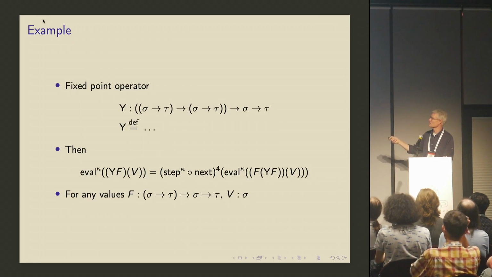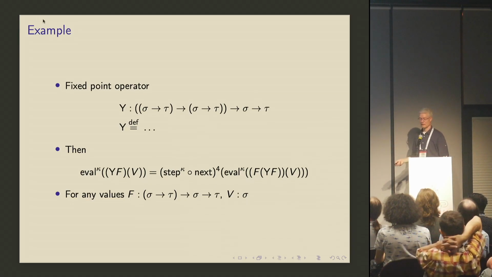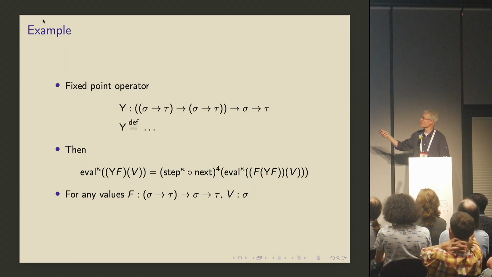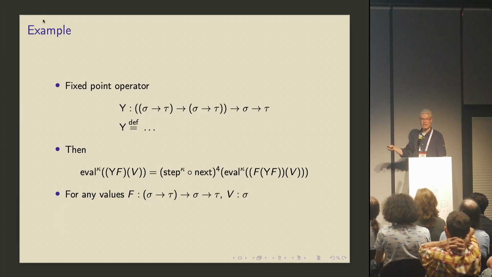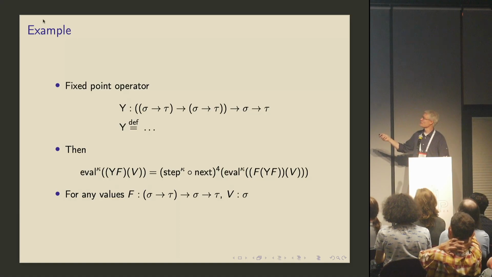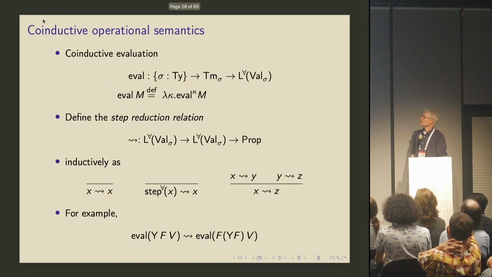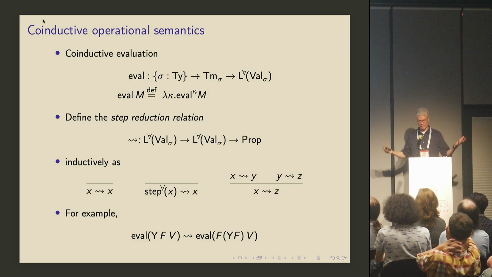That's not true here with the evaluation function, the way I've defined it, because evaluating this requires unfolding fixed points and doing beta reductions, and that introduces in total 4 steps. So there's a 4-step difference between the two. And so I need to be able to peel off steps, and also in order to be able to talk about even predicates like this term evaluates to a value.